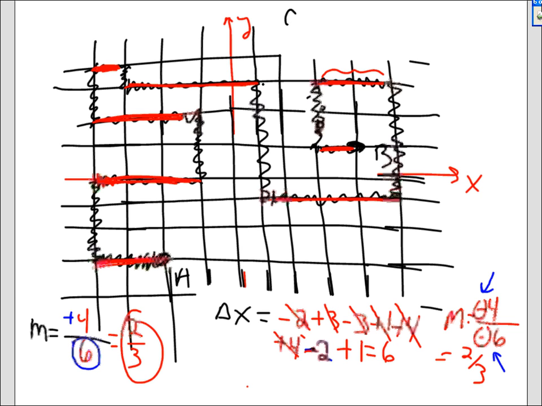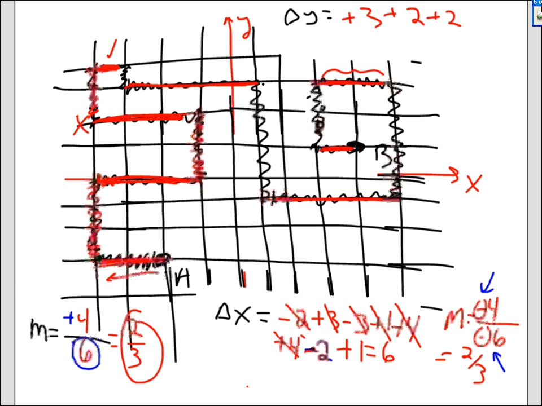Let's do good bookkeeping on the change in y. Okay, so I started at A. I went to the left, then I go up 3. That's plus 3. Then I went to the right, and I went up 2. Then I went to the left, and then I went up 2 more.